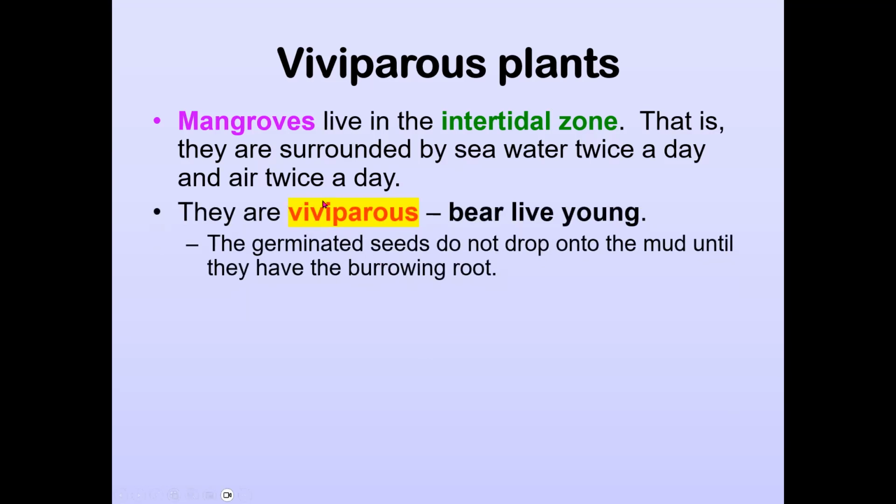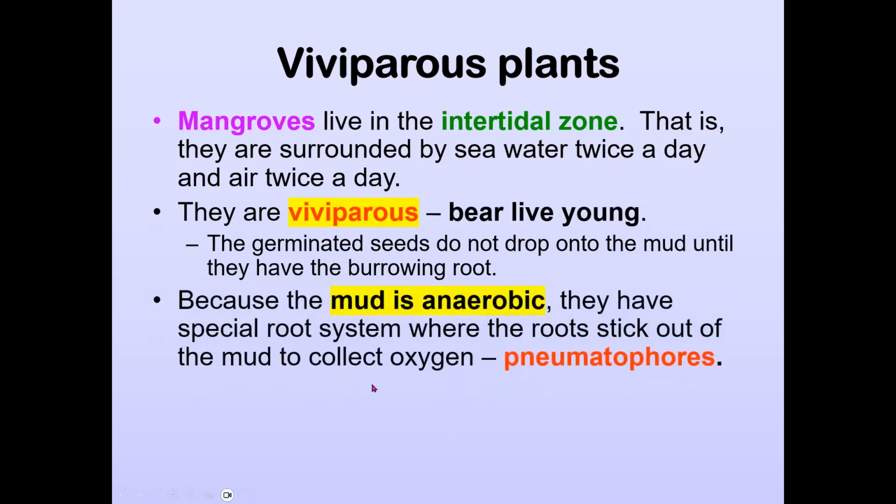So they bear live young, and the germinated seeds don't drop into the mud until they have grown a particular root, and they vary according to the species, the burrowing roots. Now, the mud that they're growing in, because they're underwater half a day, is anaerobic.